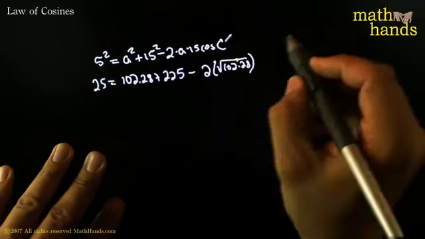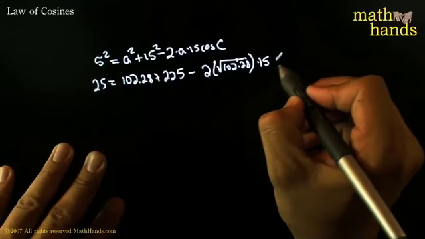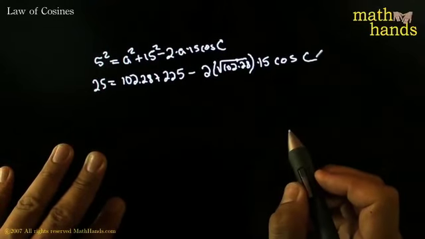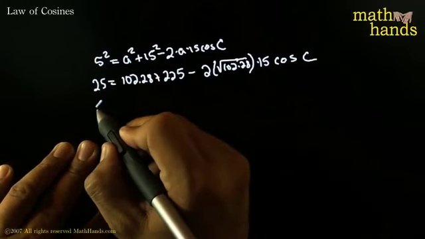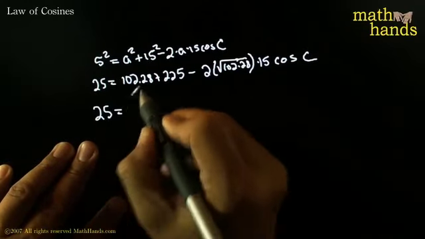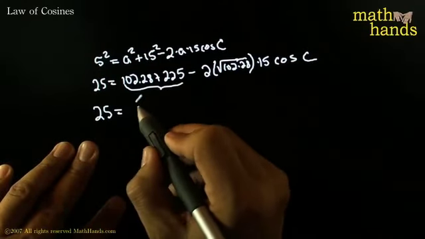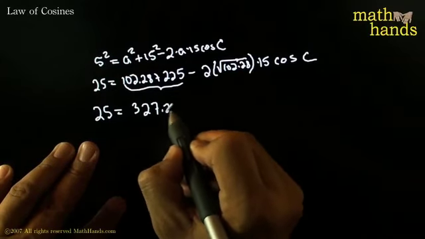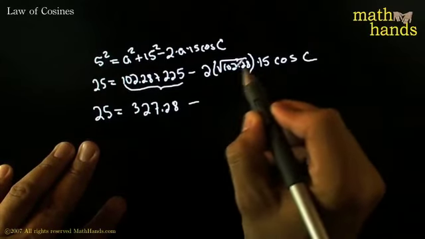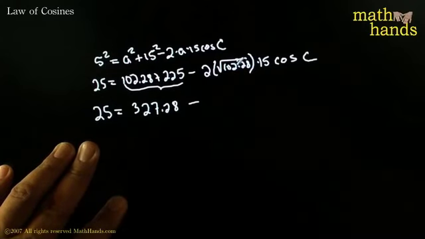I'm just substituting all the a's in there. Times 15 times cosine of c. Right? And let me think. We can clean that up. This will be 25 is equal to, I can combine these two, that would be 327.28 minus, this would be 30 times square root of that.